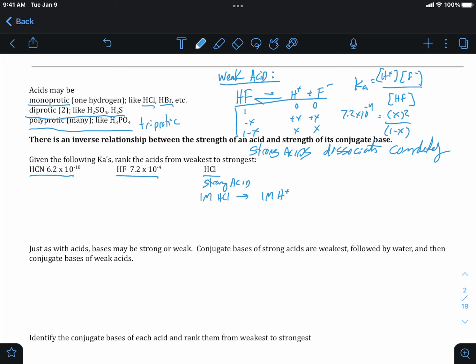Do we just ignore the x, possibly, at the bottom? Probably. Yeah. So 7.2 times 10 to the minus 4. All right, so we're looking at a concentration of 0.027. We'll just round it. Okay? So 1 molar HF produces 0.027 molar H+.